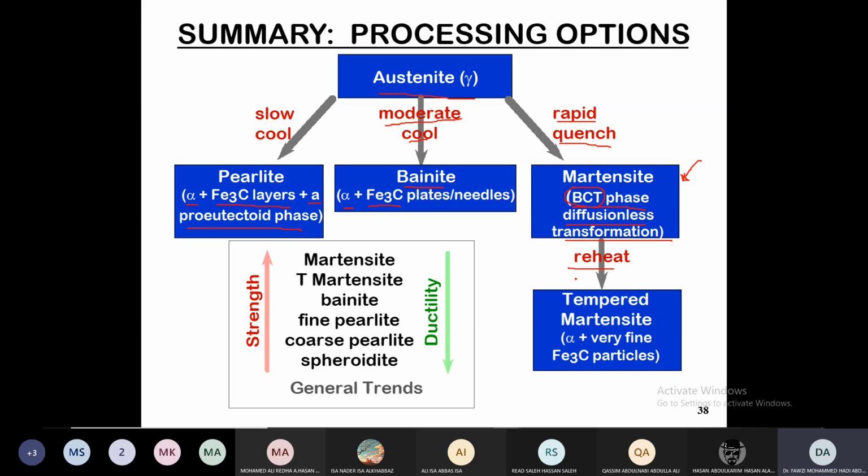The carbon atoms will be released and will move out. The crystal structure changes again to the BCC crystal structure, which is the alpha phase, and the carbon atoms go and form very fine cementite particles in the material, which we refer to as tempered martensite.